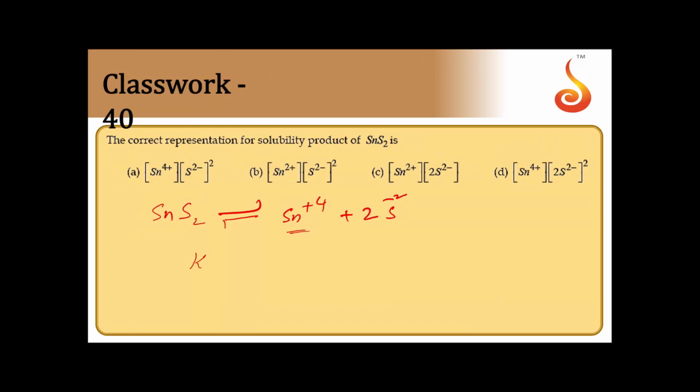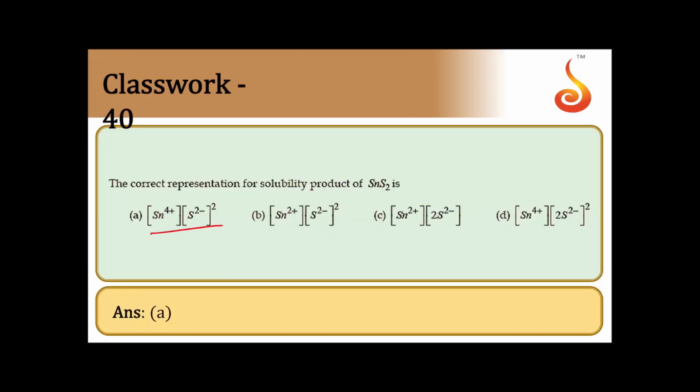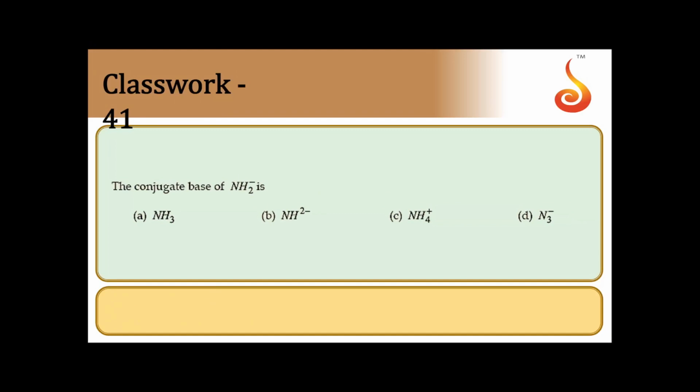Therefore, the KSP will be equal to the product of ionic concentrations raised to their respective coefficients. So it will be Sn plus 4 into S minus 2 whole square. So the answer is option A. The salt is ionizing as Sn plus 4 and 2S minus 2. So the answer is A.